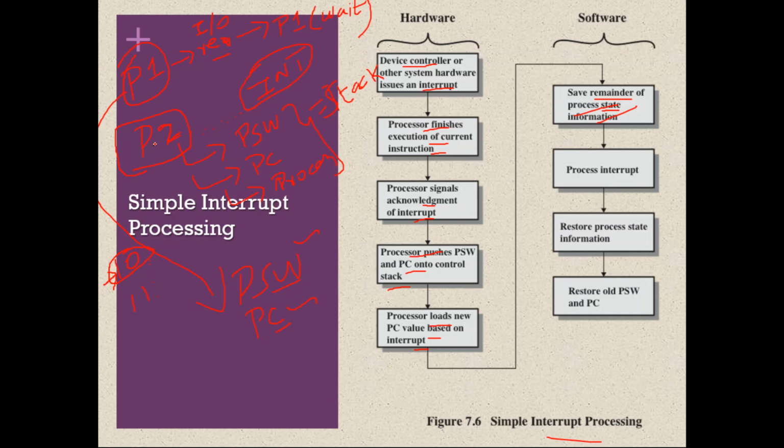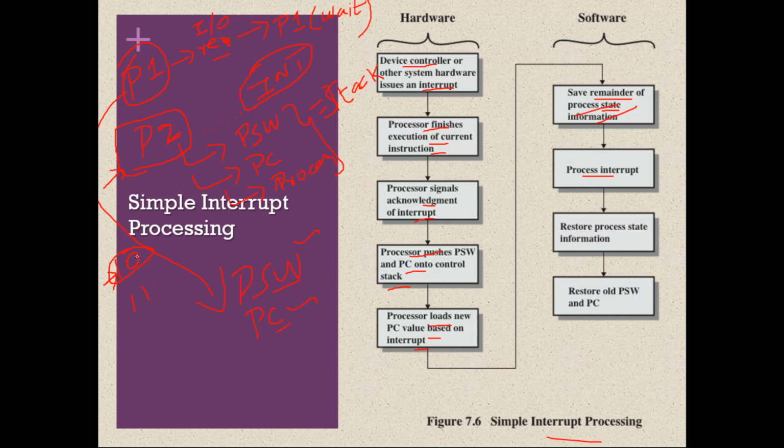If there is any other state information related to P2, that will also be pushed into the stack. Once all these things are done, P2 is interrupted. Here, interrupted in the sense of process interrupt means P2 is stopped. It is in the hold stage. It is stopped because P2 was currently executing, so that is interrupted.